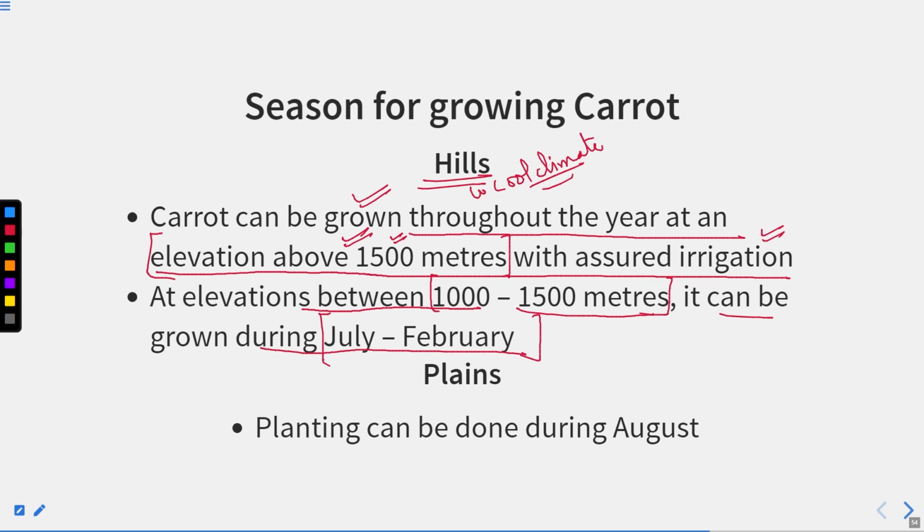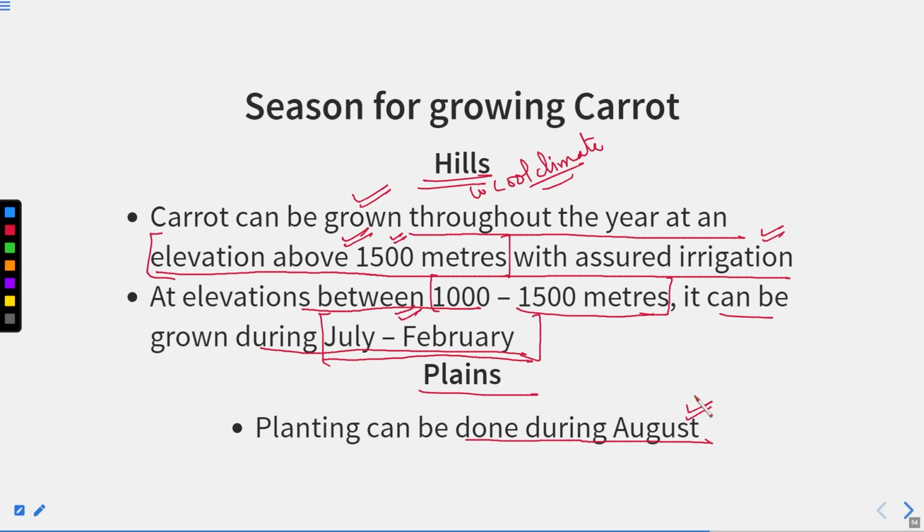Here the carrot can be grown from July to February. What about the plains? Planting can be done during August. In the August season, we can have the planting of the carrot, right? So this is the season for growing carrot.